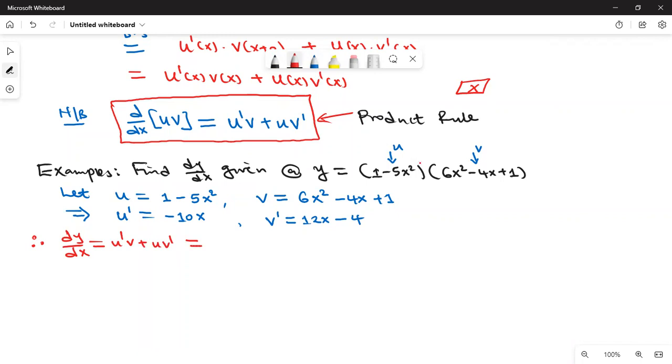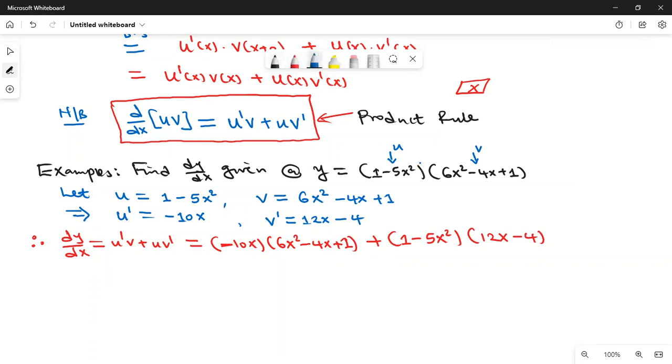So that is equal to our u prime, negative 10x, times our v, 6x squared minus 4x plus 1, then we are adding u, which is 1 minus 5x squared, times v prime, which is 12x minus 4. That is our derivative, but it's better that you simplify your answer.